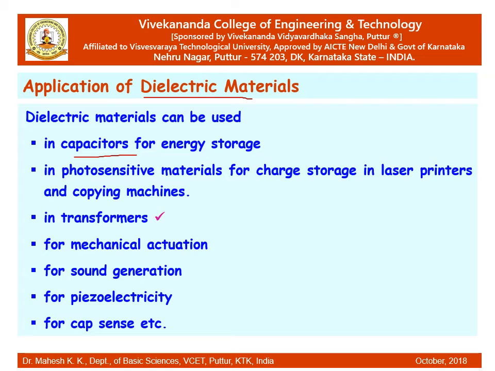They are used in photosensitive materials for charge storage in laser printers and copying machines, in transformers, which we will see briefly in the next slides, for mechanical actuation, for sound generation, for piezoelectricity, for cap sense, etc.